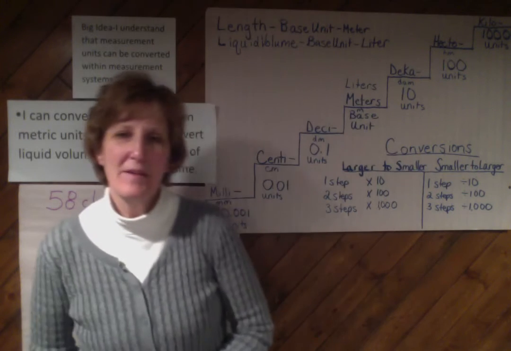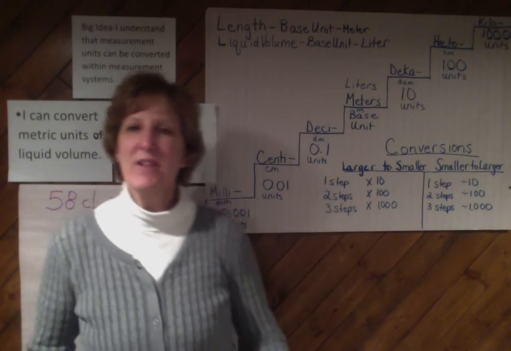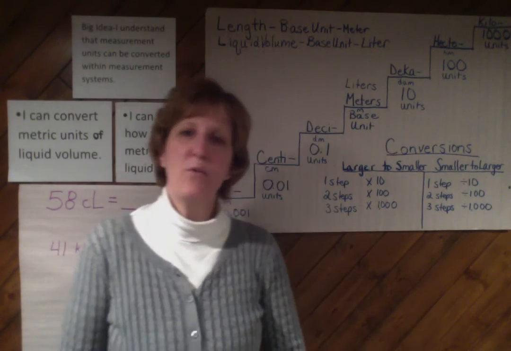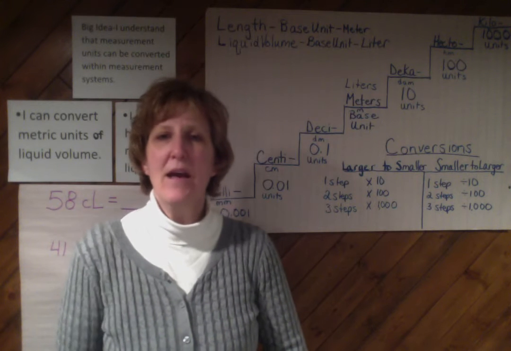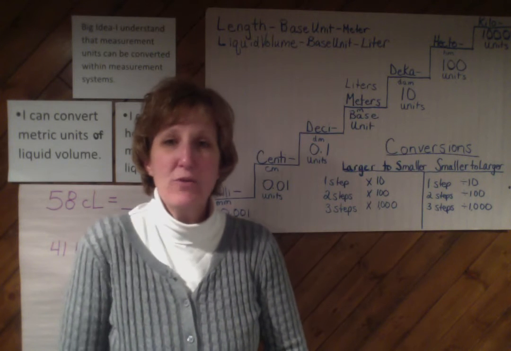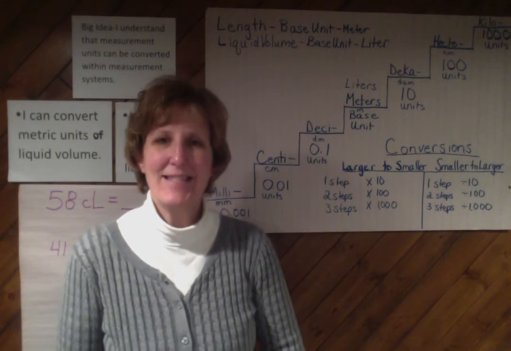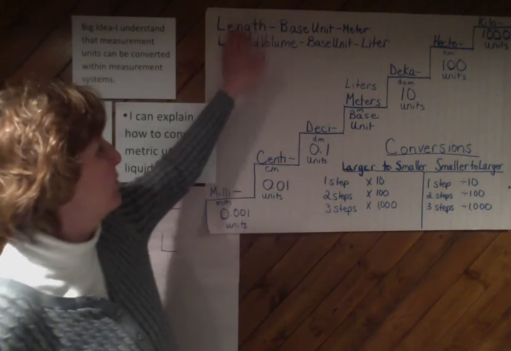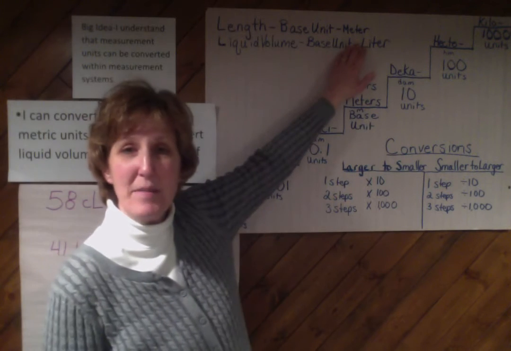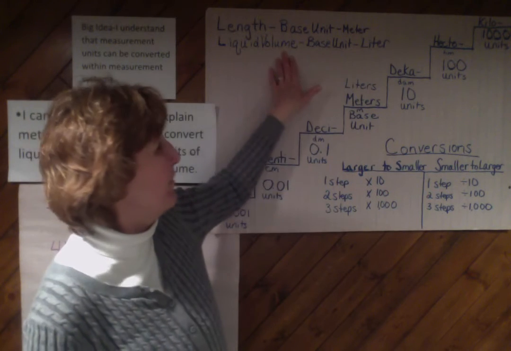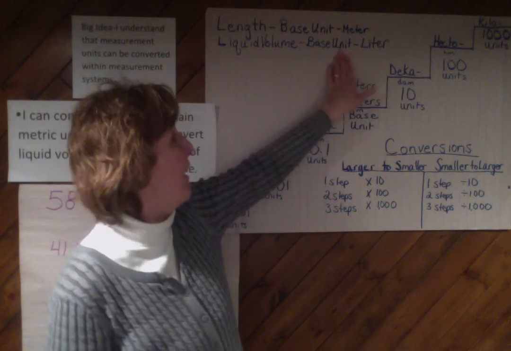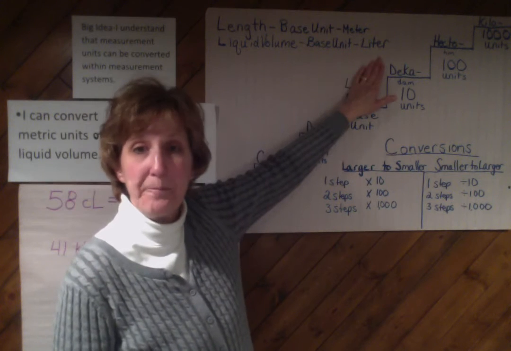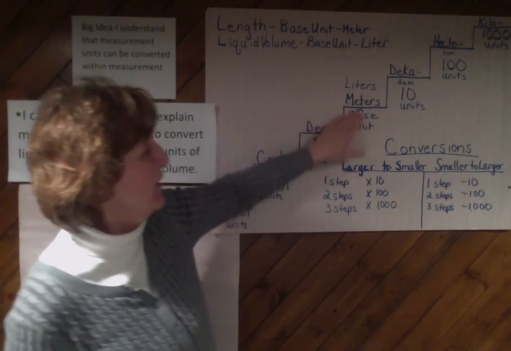The principle behind our lesson today is going to be very similar to what we've done before. That's the beauty of the metric system. The metric system is based off of a base 10 system. So remember our staircase, when we said for length our base unit was the meter? Well, now for liquid volume, our base unit is the liter, and the liter is in the middle.